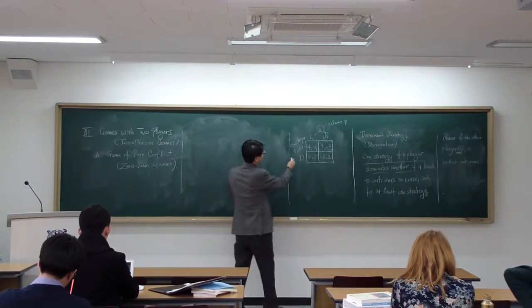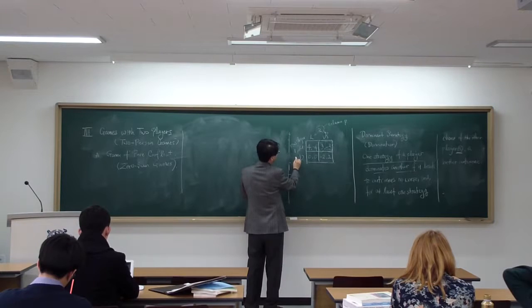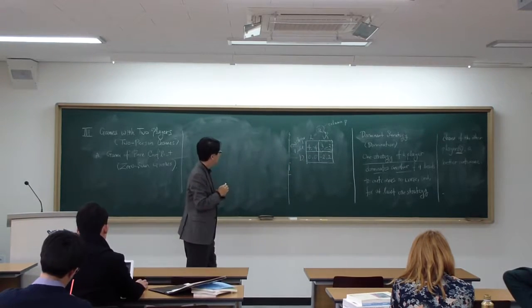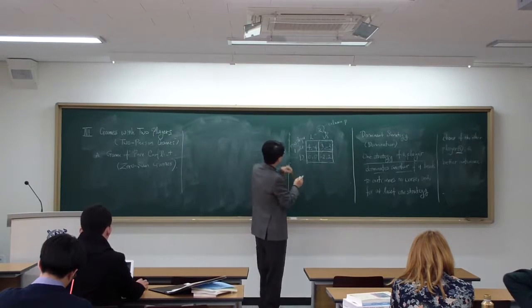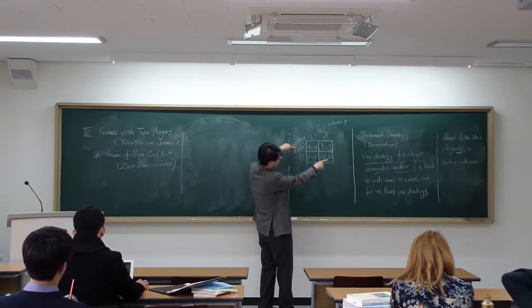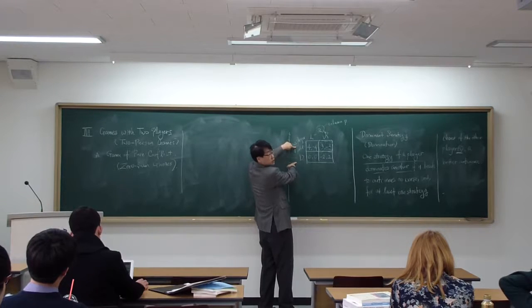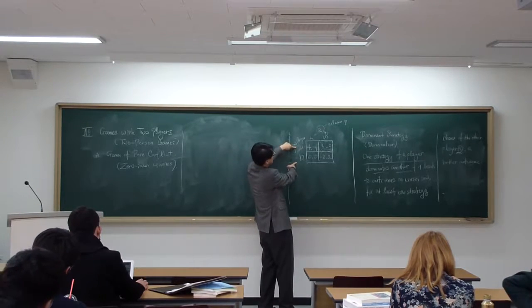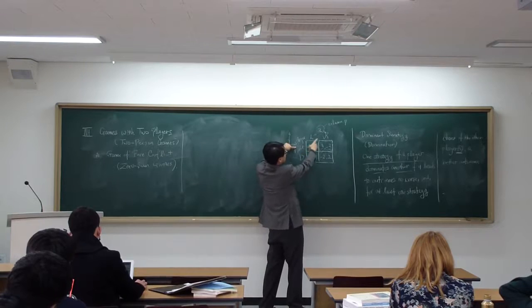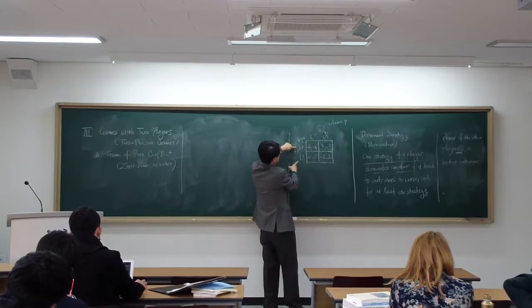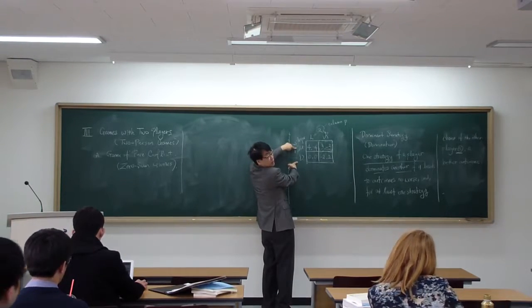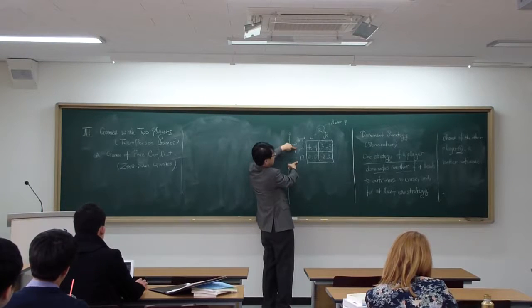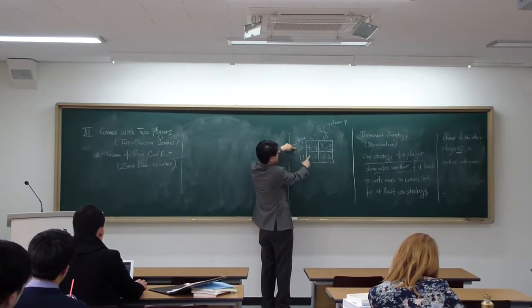Let's compare up and down. So we compare the strategies of a single player. Hypothetically, if the opponent chooses left, which one is the better strategy for me? Up, because I get 4 instead of 0.